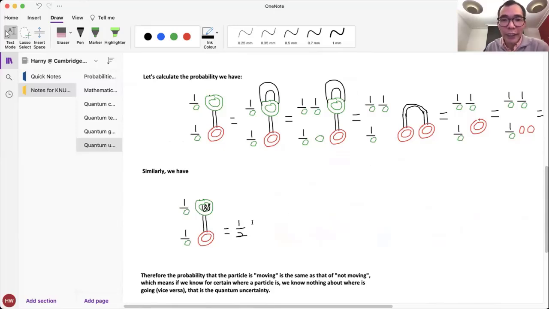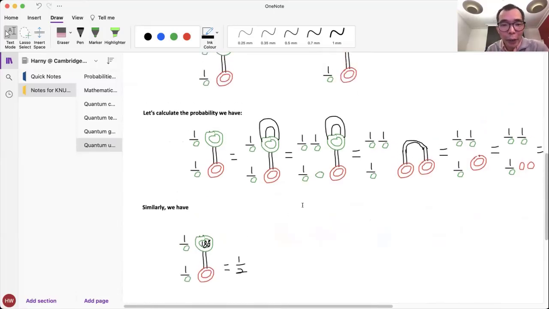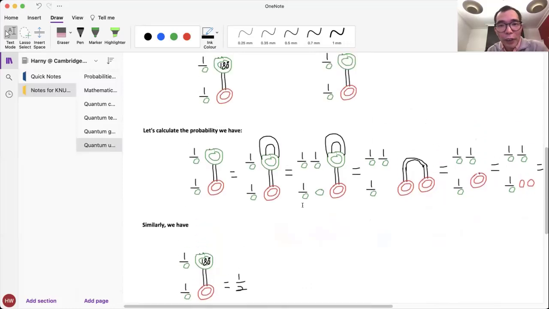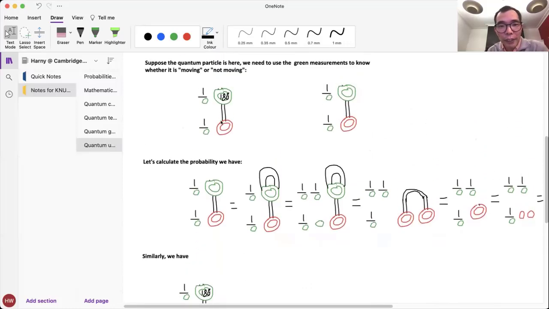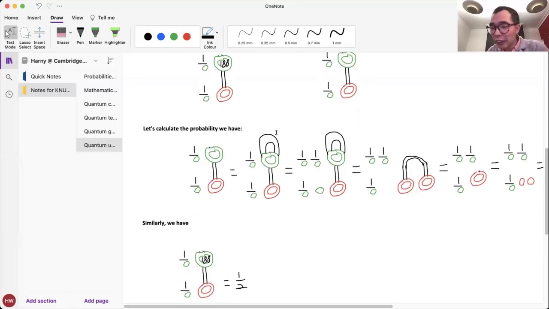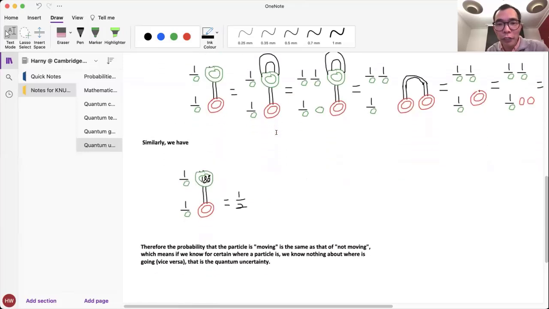That means if we know for sure that the particle is here, then there is a half probability that it is moving and half probability that it's not moving. So basically, you know nothing about whether it's moving or not, right?